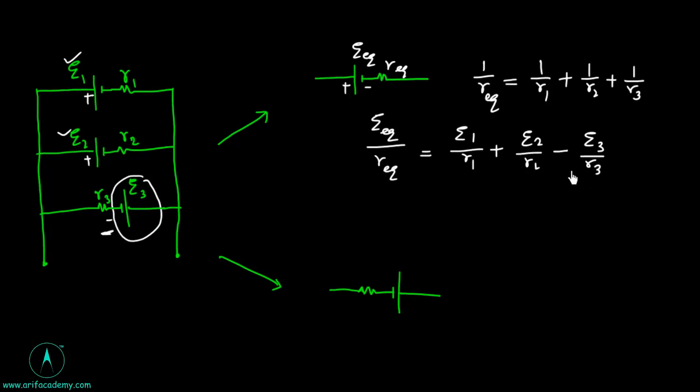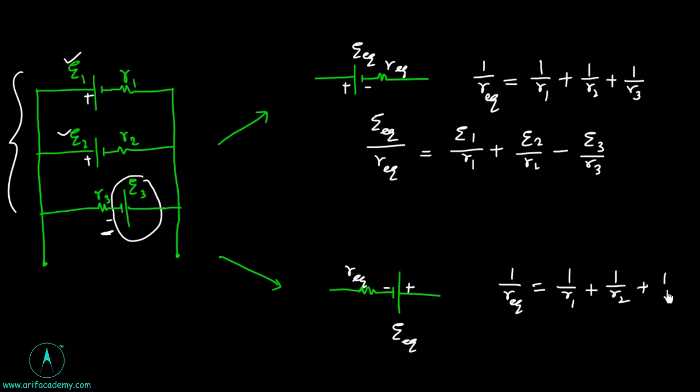But if I replace these three cells with an equivalent cell with the polarity opposite to that, what will be the change? R equivalent is as before, 1 upon R1 plus 1 upon R2 plus 1 upon R3.